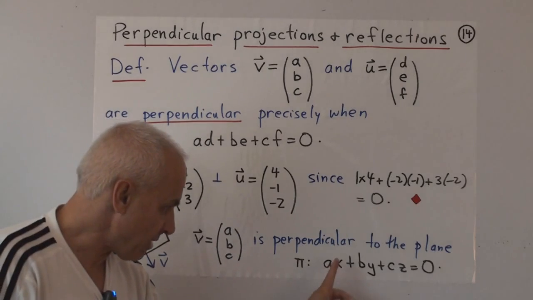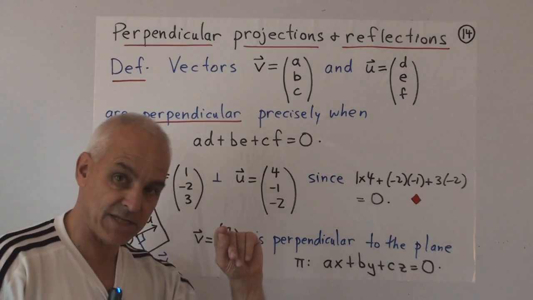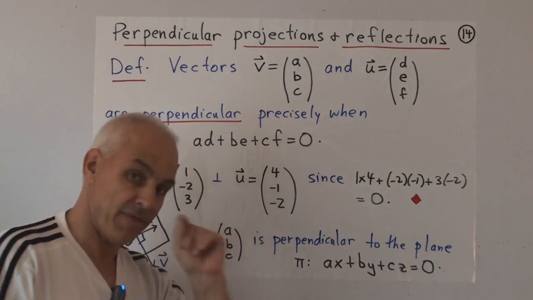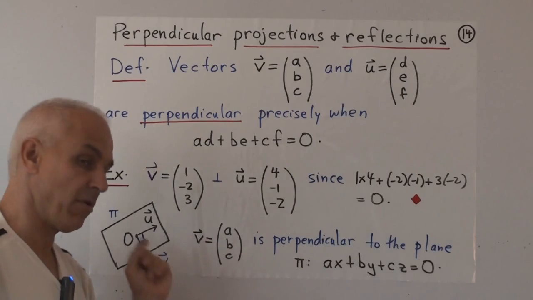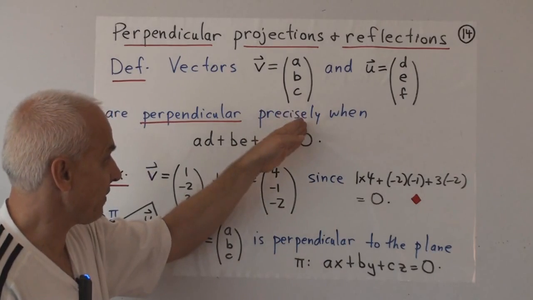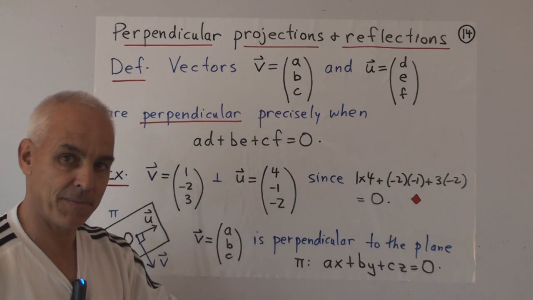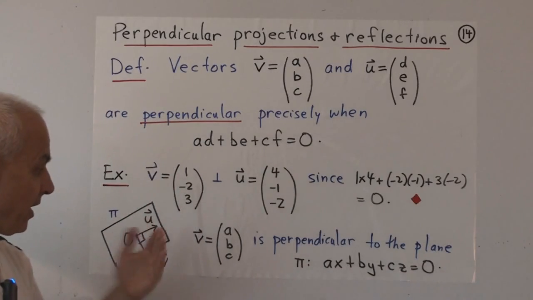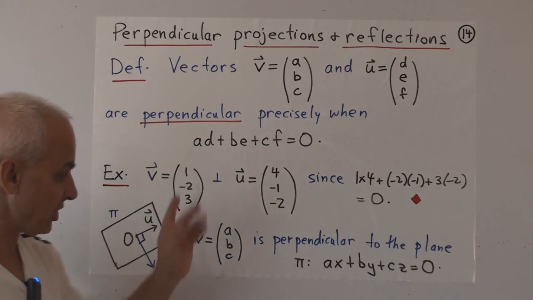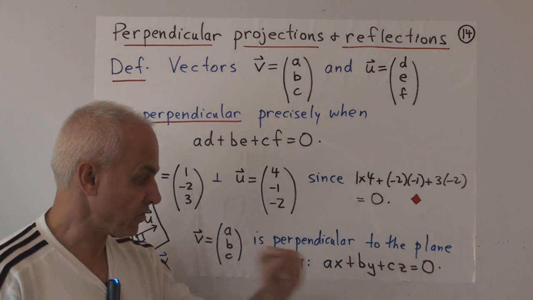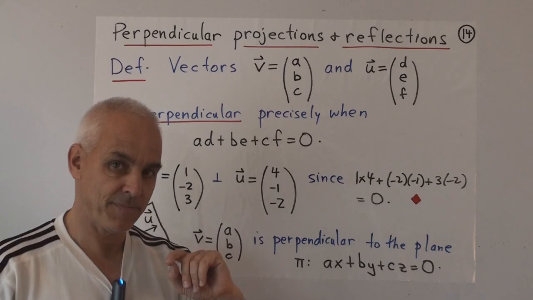So the vector that you get by taking the three coefficients of x, y, and z in a plane like this, that is the normal vector to the plane. It's a consequence of this definition of perpendicularity. So we have a plane like this, and we can read off the normal direction very simply. It's just the vector formed by the coefficient of x, coefficient of y, coefficient of z.